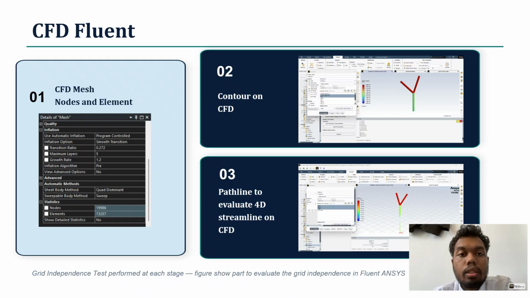This slide shows the several stages of CFD simulations. The first image illustrates the generated CFD mesh. The second image presents the contour plot, which shows the pressure and velocity distribution inside the pipe. The third image shows the pathlines or streamlines that help us visualize the movement of water through the branch junction.